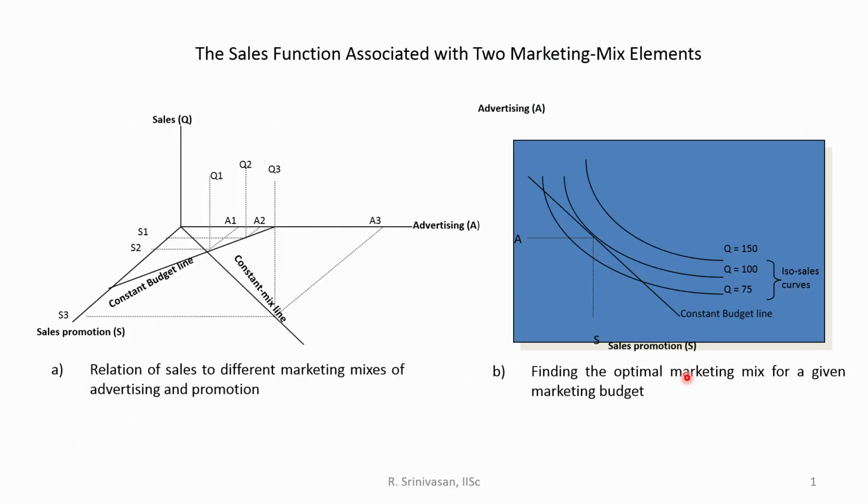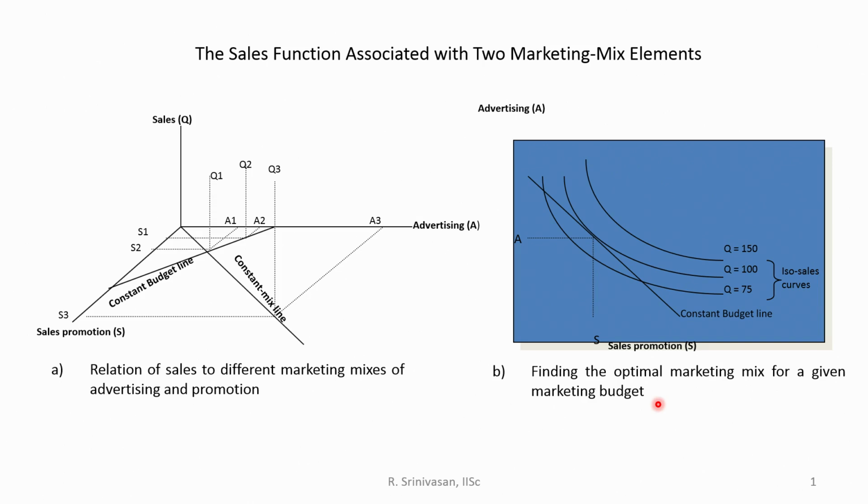So, in this first diagram, that is the 3-dimensional diagram, what we have looked at is the relation of sales to different marketing mixes of advertising and promotion. What we are looking at in the next diagram is finding the optimal marketing mix for a given marketing budget.